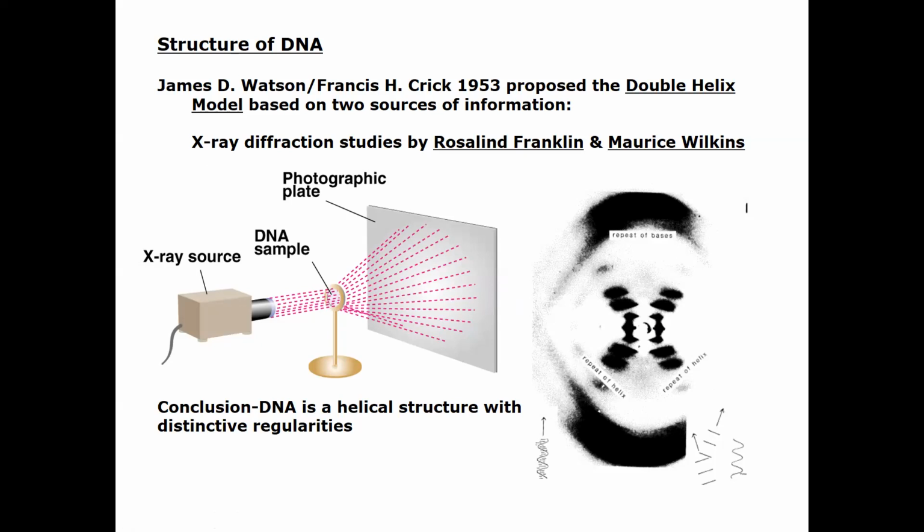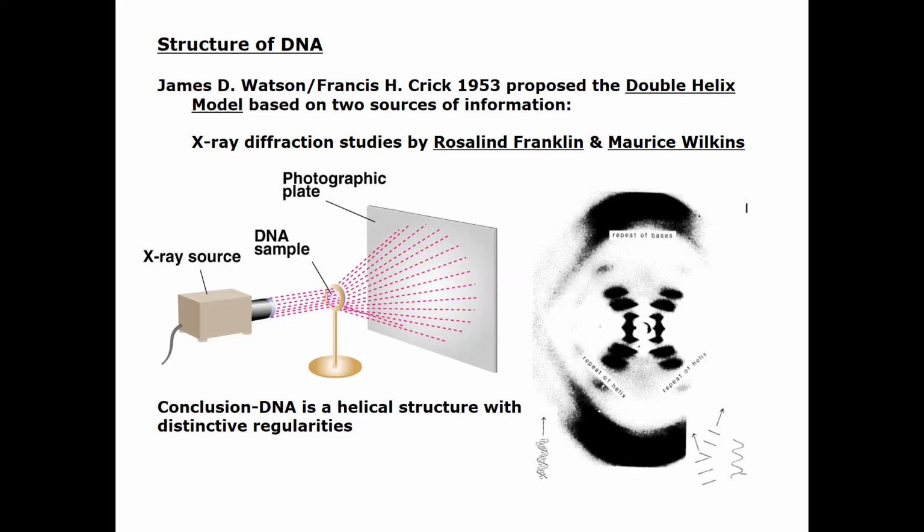But Maurice Wilkins, James Watson, Francis Crick, they got the Nobel Prize. Actually, James Watson was a young PhD student working under Francis Crick at that time, and Rosalind Franklin was his friend. Maurice Wilkins and Francis Crick are the senior professors in UK.